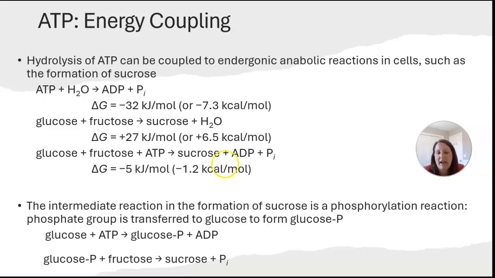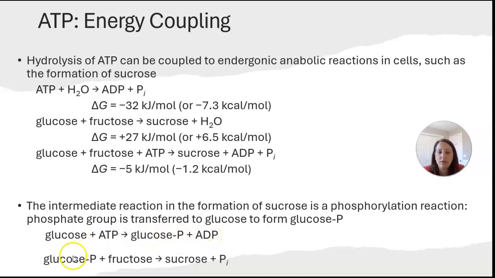What is actually happening? ATP gets hydrolyzed, and that terminal phosphate actually gets donated to glucose. So the transfer of the phosphate is really the transfer of energy. After that first part of the reaction, we end up with phosphorylated glucose plus ADP.